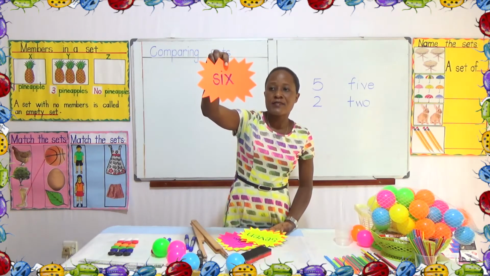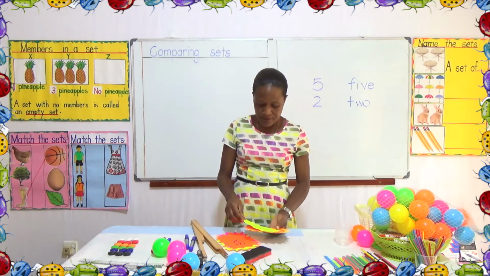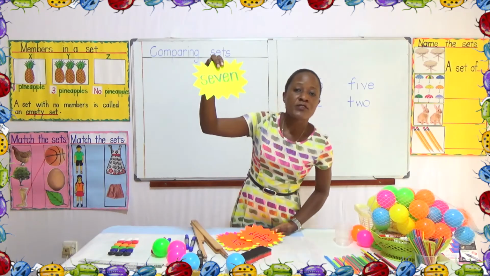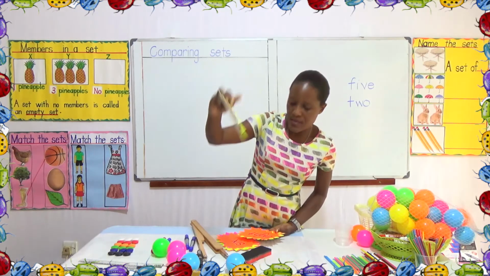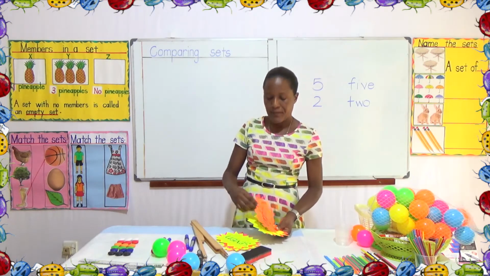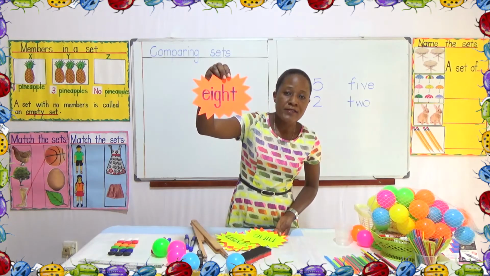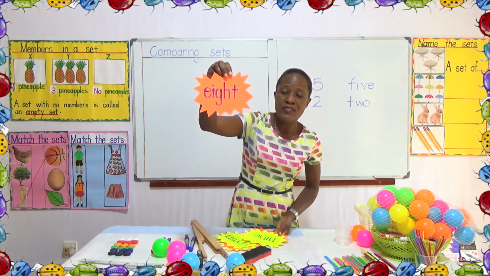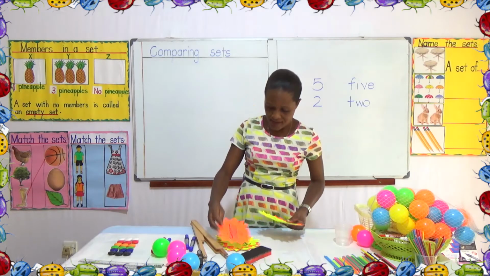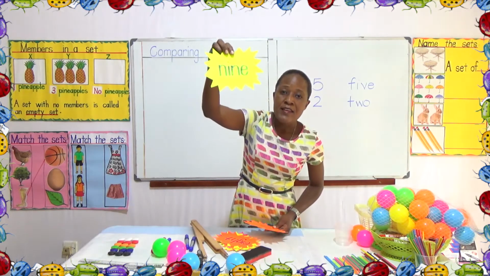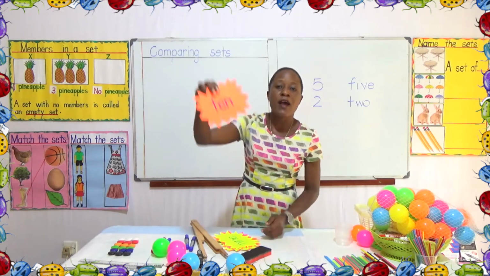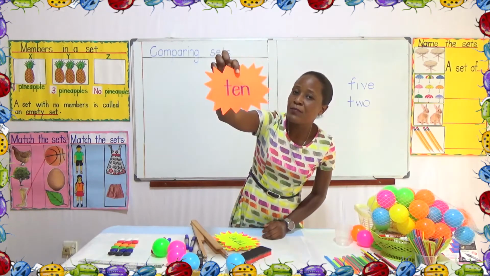Again, 6. We also looked at 7. Everybody, 7. 8. Children, which word is that? 8. 9. Again, 9. And we also looked at the word 10. Everybody, 10.